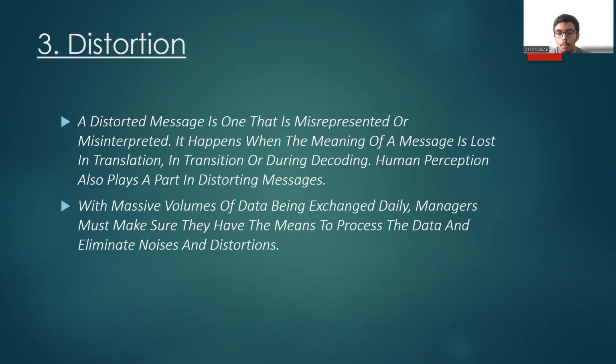Human attribution also plays a part in distorting messages. Massive volumes of data are exchanged daily. Managers must make sure they have the means to process the data and eliminate noise and distortions.